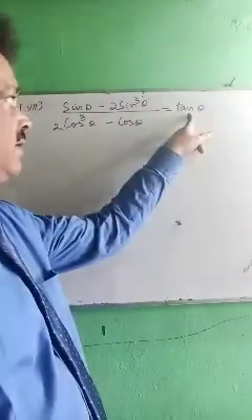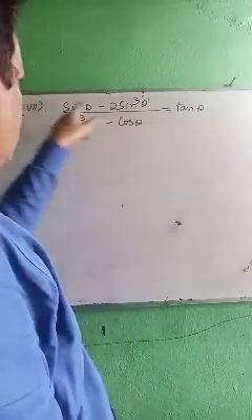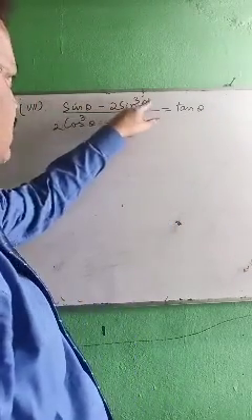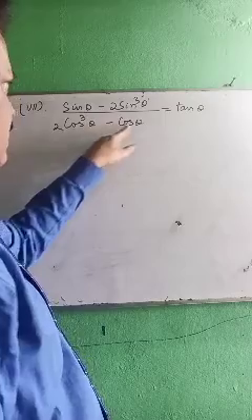Okay, how to start? What is tan? Tan is sin by cos. That means one sin you can take common here, one cos you can take common here.